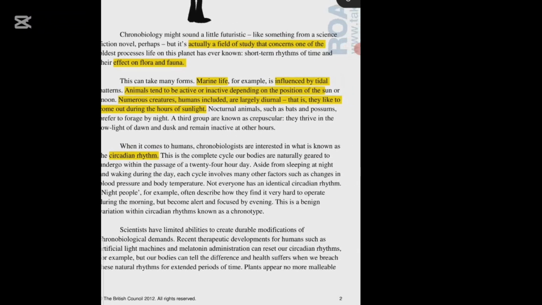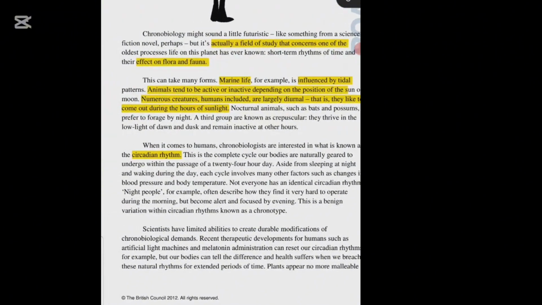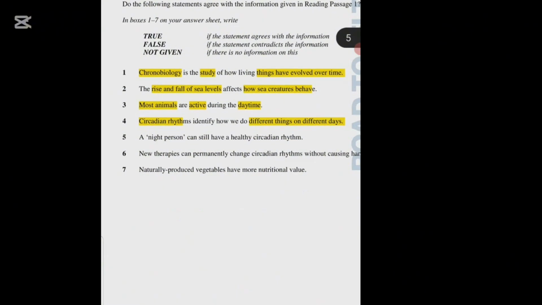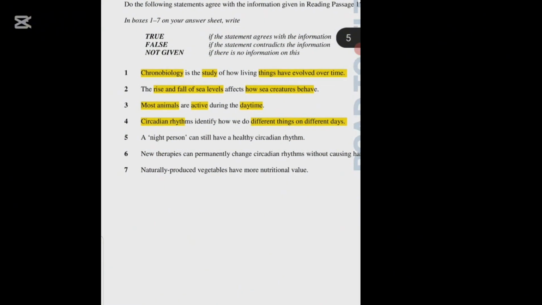This is the complete cycle our bodies are naturally geared to undergo within the passage of a 24-hour day. That means this is the process our body goes through within a day. And this says circadian rhythm identify how we do different things on different days.